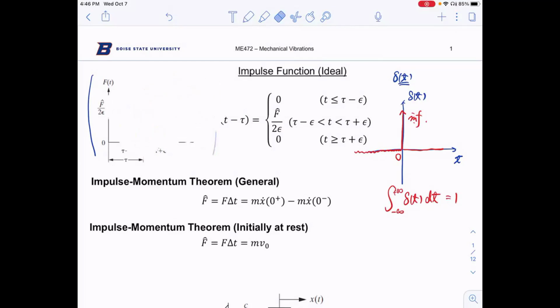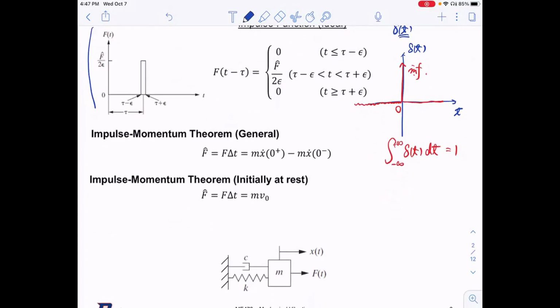This function is interesting because it only appears on paper. In practice, there's nothing close to this impulse function. When we talk about impulse, we have to mention a physical theorem called the impulse momentum theorem.